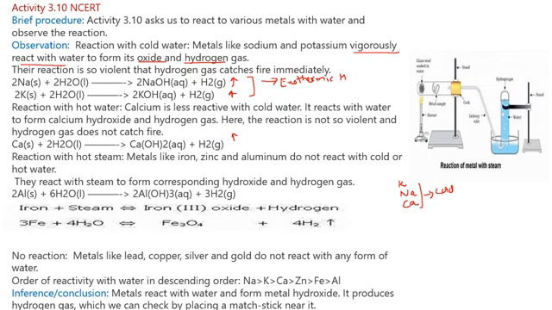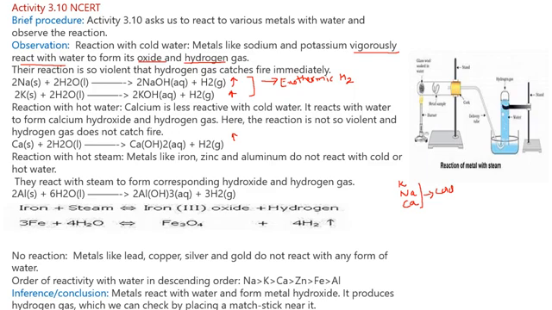This heat is capable of burning hydrogen. The hydrogen will burn in presence of oxygen, and you will find that the metal starts burning. Sodium hydroxide and potassium hydroxide are formed.